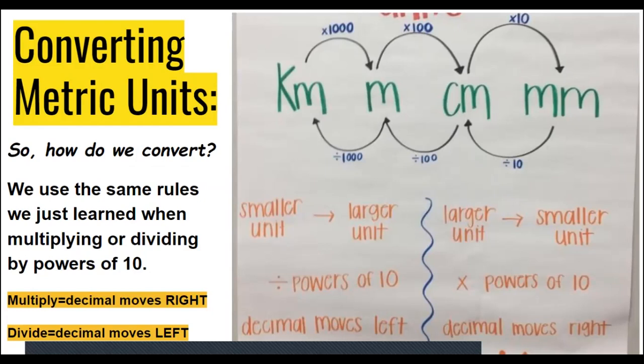When we go from a larger unit to a smaller unit, like kilometers to meters, we multiply by powers of 10. You might have to use this chart for the activity until you memorize this.